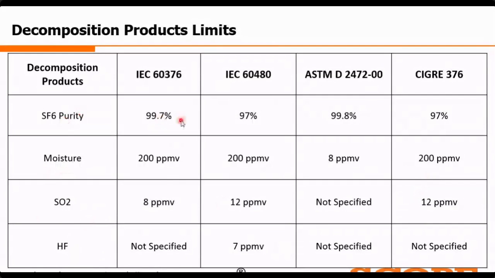The different guidelines, I've already told you, IEC, ASTM and CIGRE, have already defined these guidelines. Now, IEC 60376, again I am just repeating, is for newly manufactured SF6, that is 99.7% pure. IEC 60480 is for the used SF6 technical specifications.